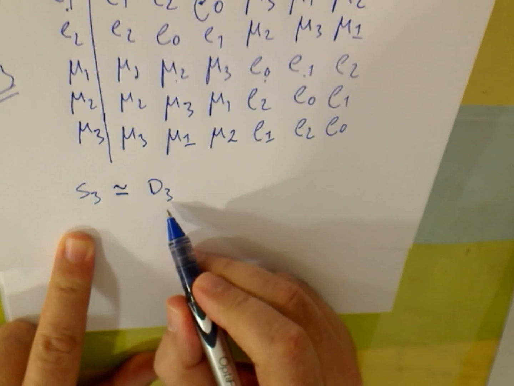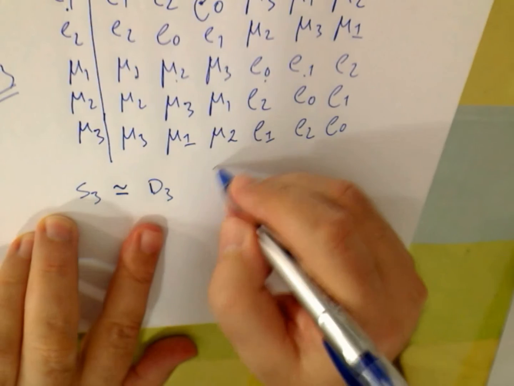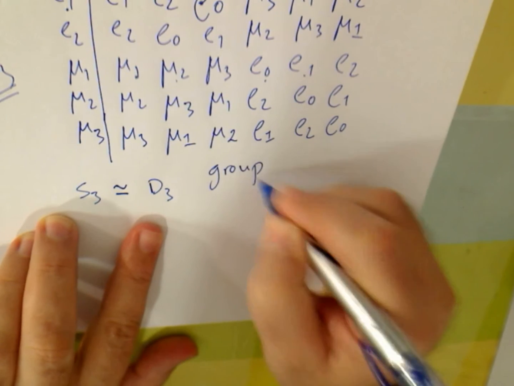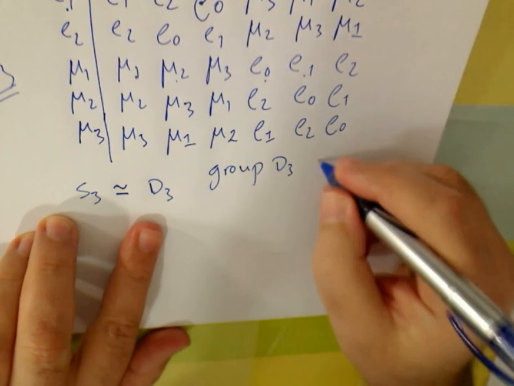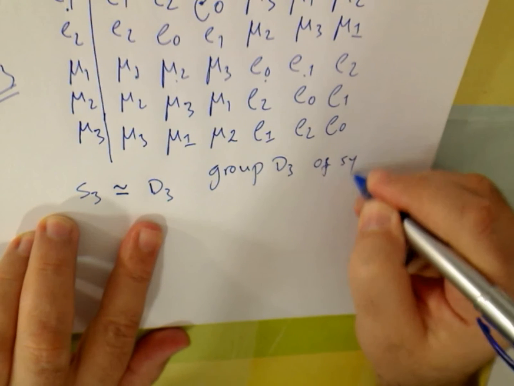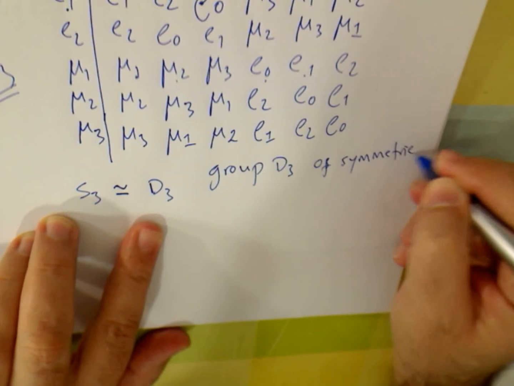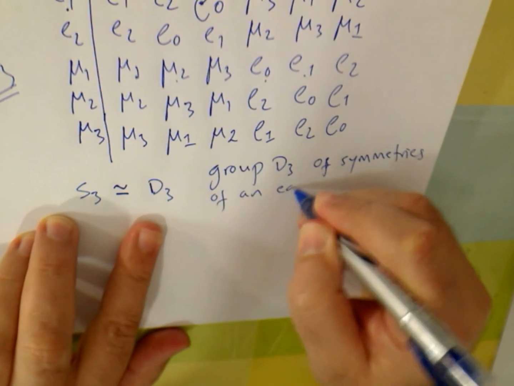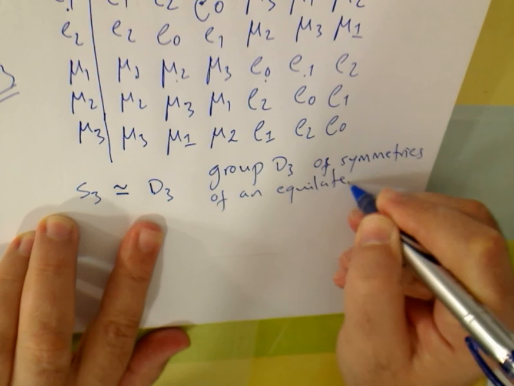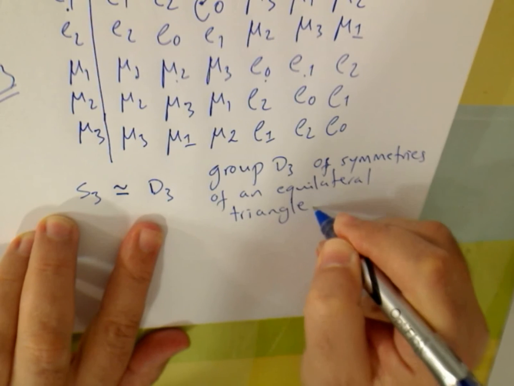S3 is also the group D3, and we call it the group D3 of symmetries of an equilateral triangle. Okay?